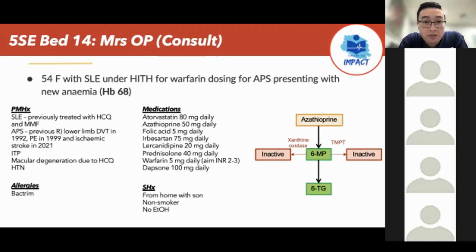As antiphospholipid syndrome, had previous DVTs and PEs and also an ischemic stroke. This patient also has secondary ITP, so immune thrombocytopenic purpura, which often again co-occurs with SLE.